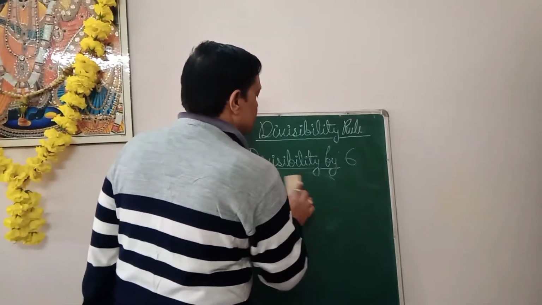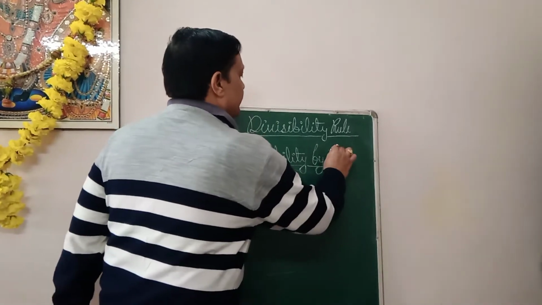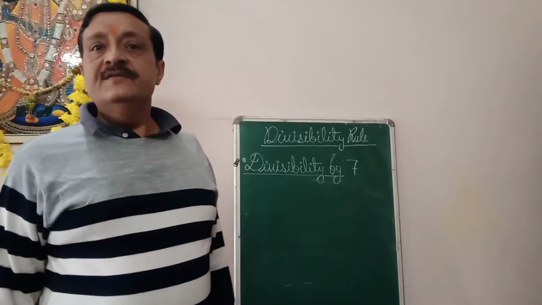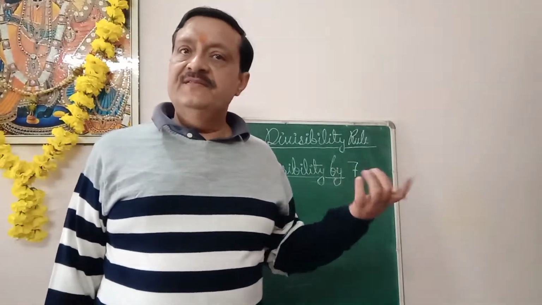Now, let us understand divisibility by 7.